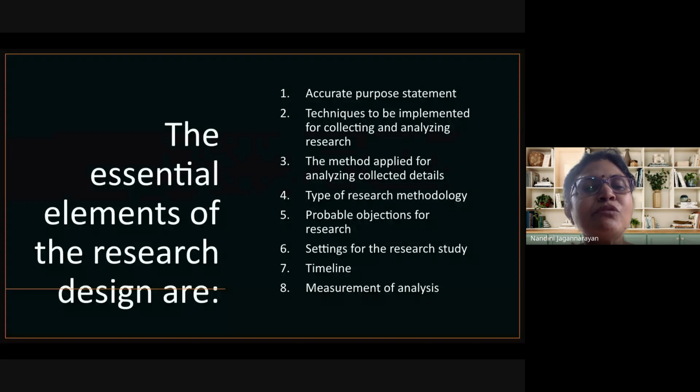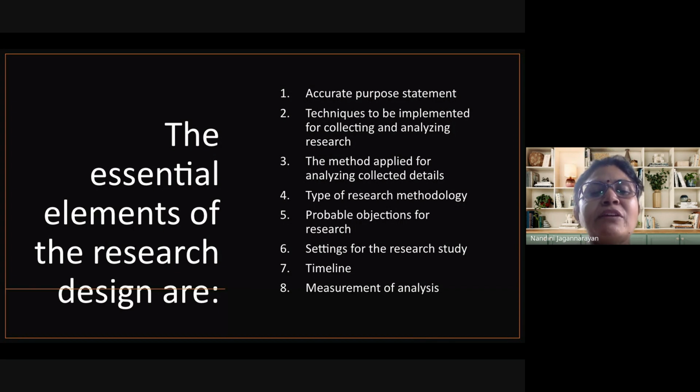Will I interview the consumers? Will I have a case study kind of research? And how will I be analyzing? Is it going to be a descriptive analysis, or a statistical analysis? All these things have to be spelled out in a clear-cut way.